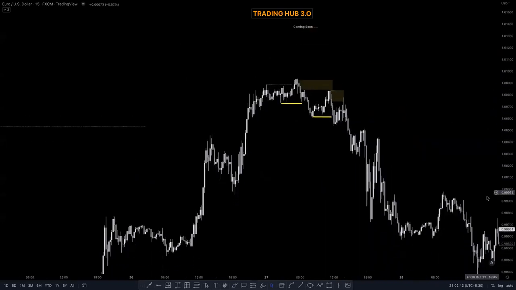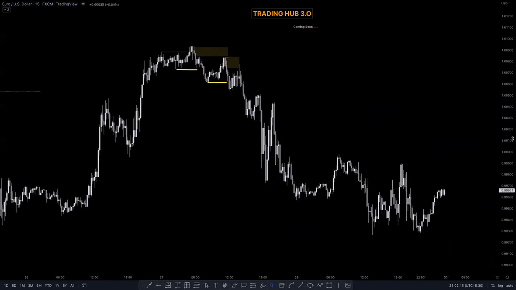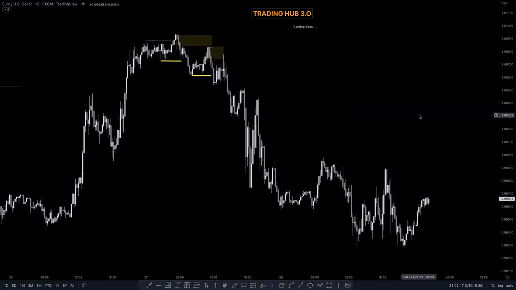Right now, if you mark the structure here, everyone, then you can understand what the next move will be in Euro USD. So everyone mark here the valid structure, I mean the recent structure, what is happening here, where our last two BOS and change of character are, at which point the market broke the structure. So everyone mark only higher high, lower low, lower high, I mean major higher low.